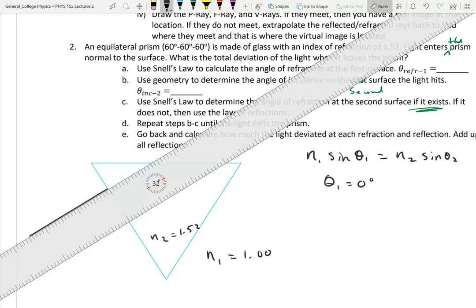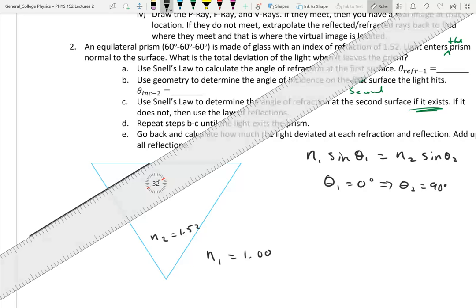Why not 90 degrees? Because we measure the angle of incidence from the surface normal. If theta 1 is 0 degrees, it doesn't take a lot of work to find that theta 2 is 0 degrees. So the light is just going to go straight through here.